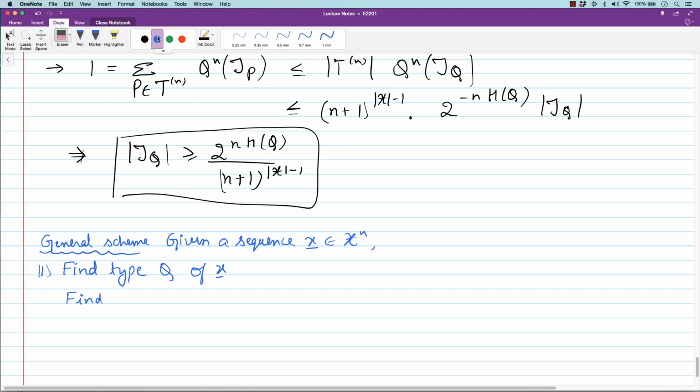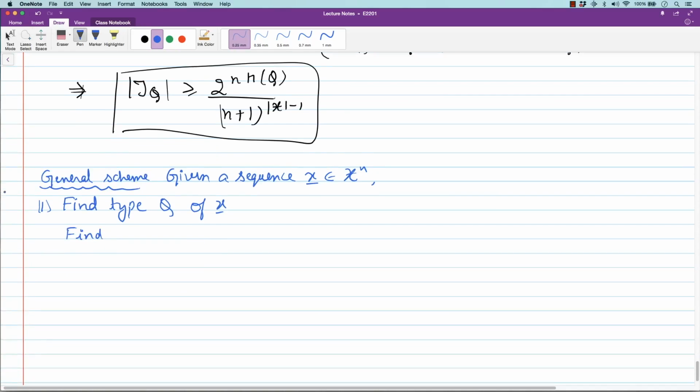So first you find the type of x^n, and then find the index I_q(x^n) in the list. So there is a list with a pre-specified index. That's the table that we have.